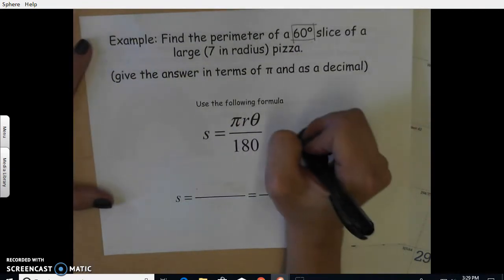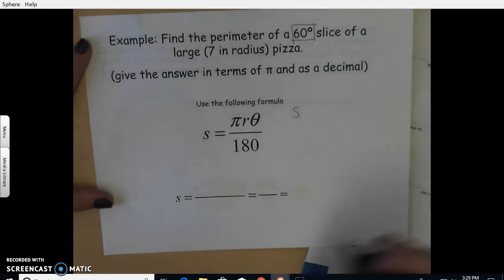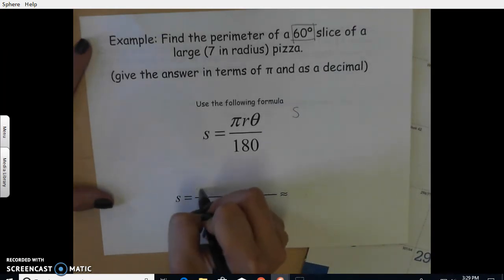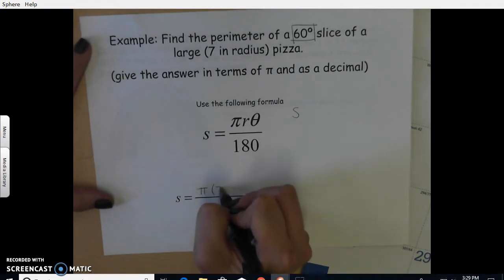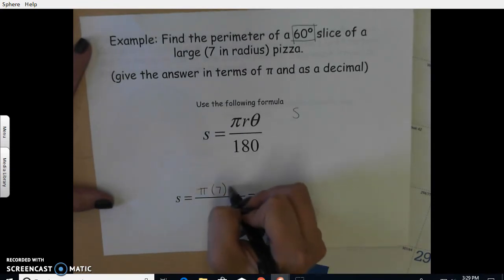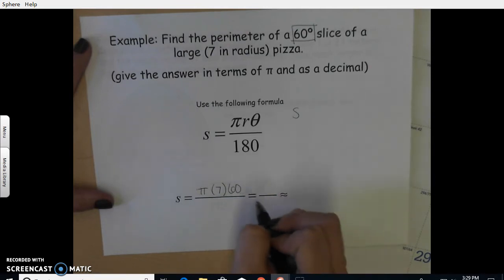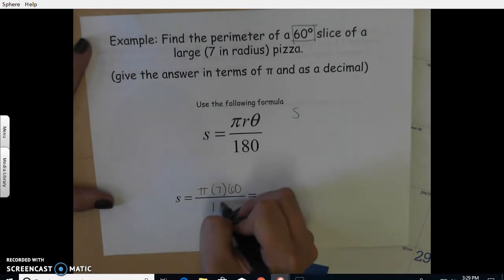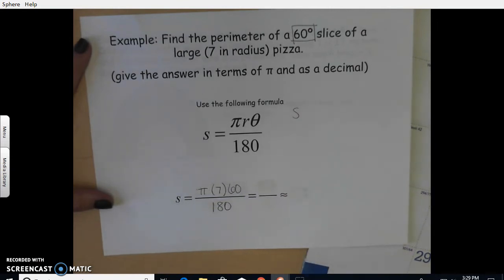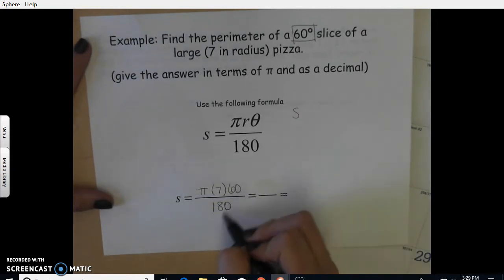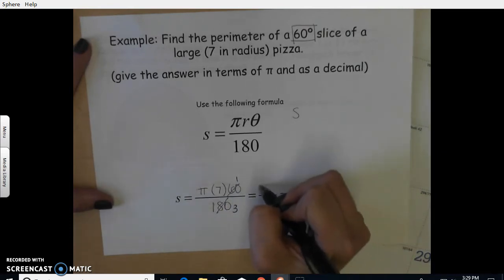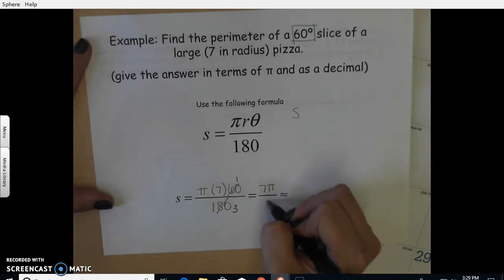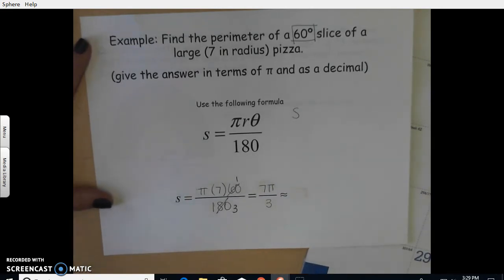So we're going to plug in our arc length S. Our arc length S is equal to pi, R is 7, times theta, which is 60, over 180. And now we simplify. 60 over 180 is 1/3. So we have 7 pi over 3.